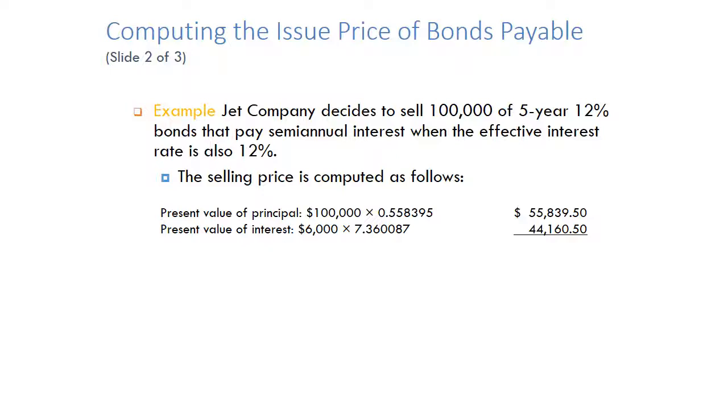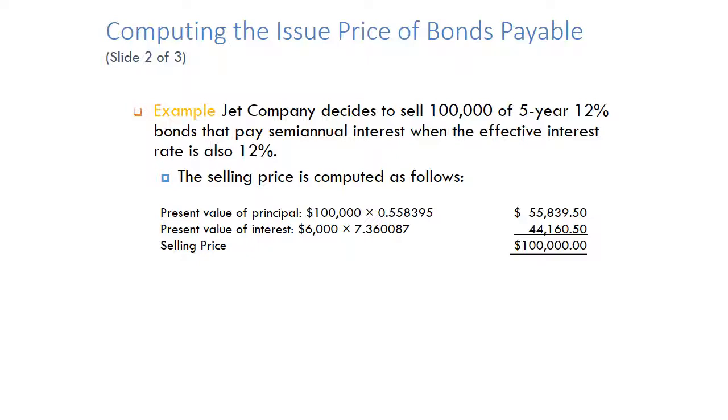So the payment portion of the annuity would be the interest, or $6,000. You would then find the present value of an ordinary annuity, because interest is paid at the end of each period, end of each 6-month period, 10 would be your N, 6% would be your I. And it's not 6% because that's what the company's promising to pay. It's 6% because that's the effective interest rate right now. You determine those two present values, and that's the selling price of the bond.